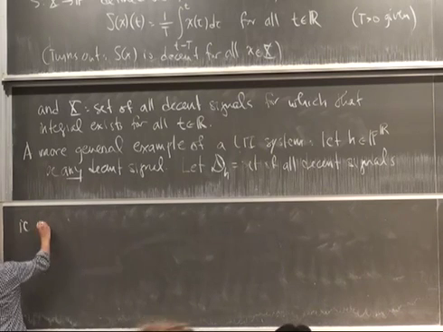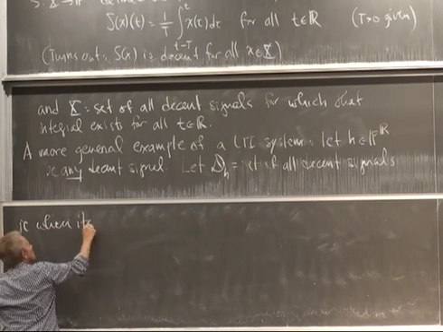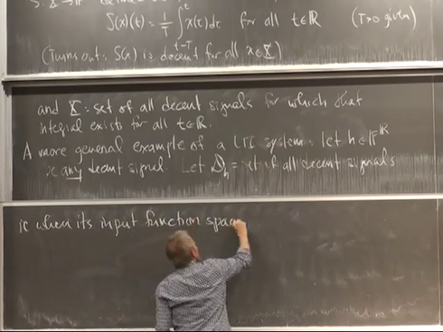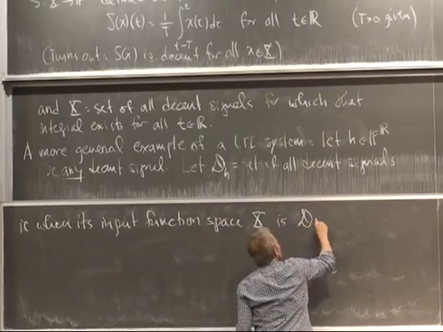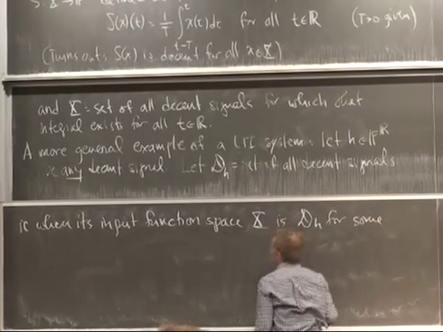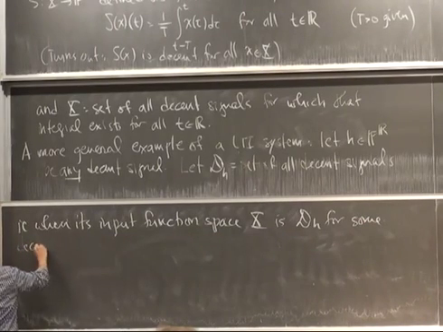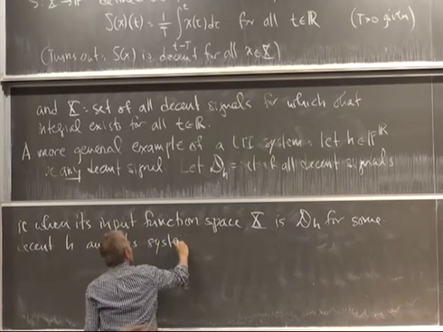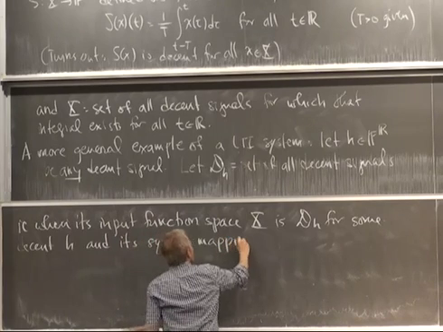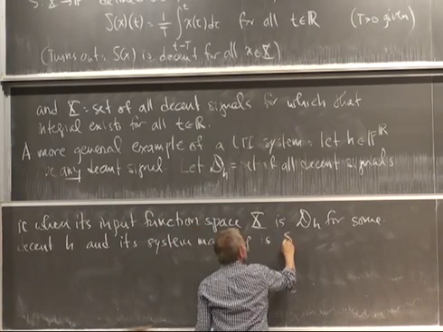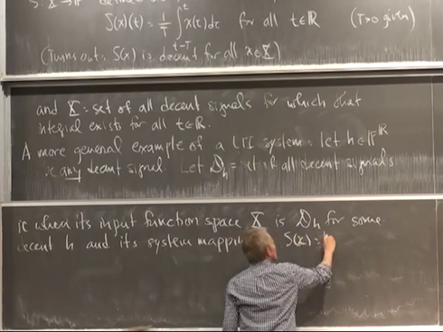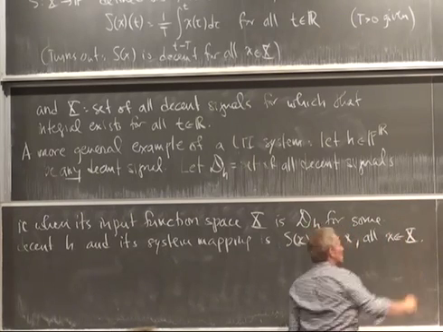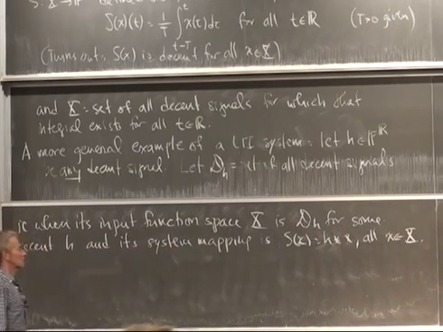So that is to say, when its input function space capital X is D sub h for some decent h, and its system mapping is S of x equals h convolved with x for all x's in that set, capital X. So that's what a strictly convolutional system is.